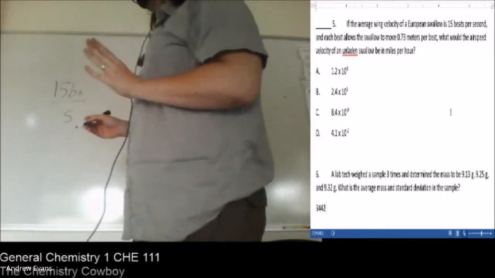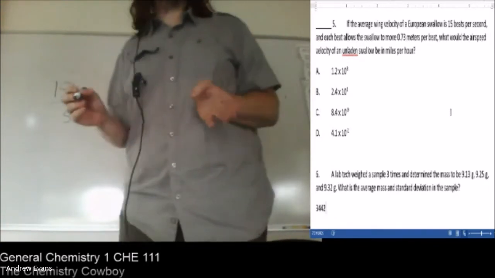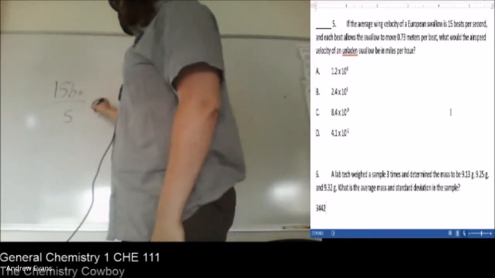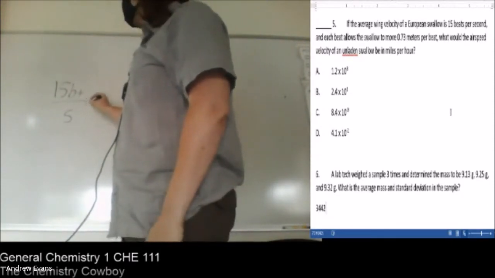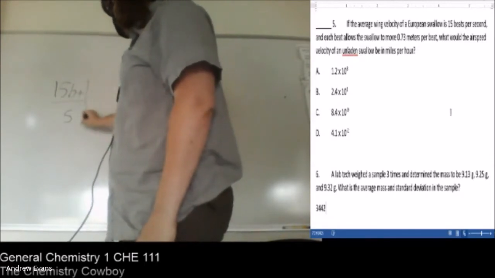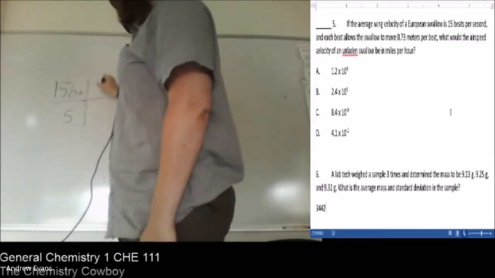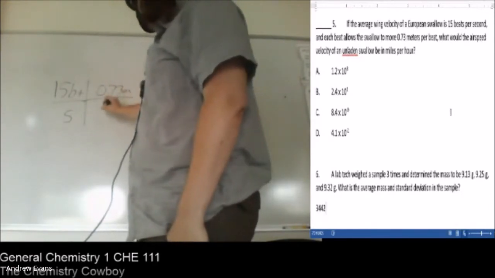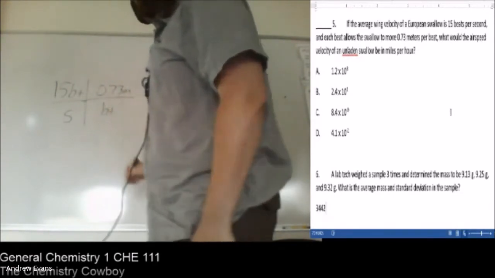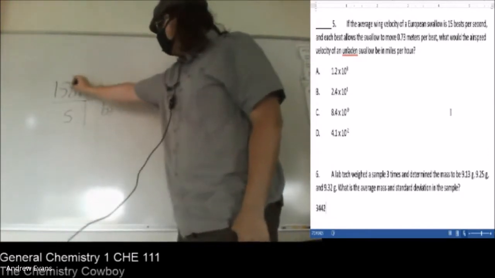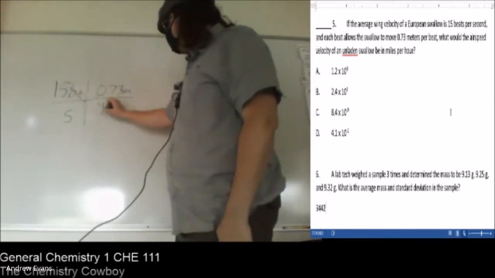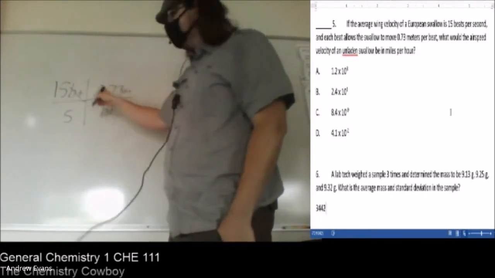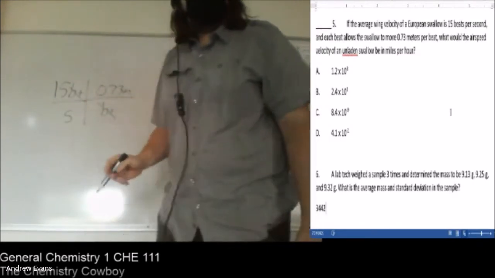Well, that's where dimensional analysis will help us, because dimensional analysis says if I want meters per second, I need beats to cancel out and I need meters to be on top. So if I move 0.73 meters per beat, wing beat, beat, and beat will cancel out. We'll be left with only units of meters and only units of seconds.